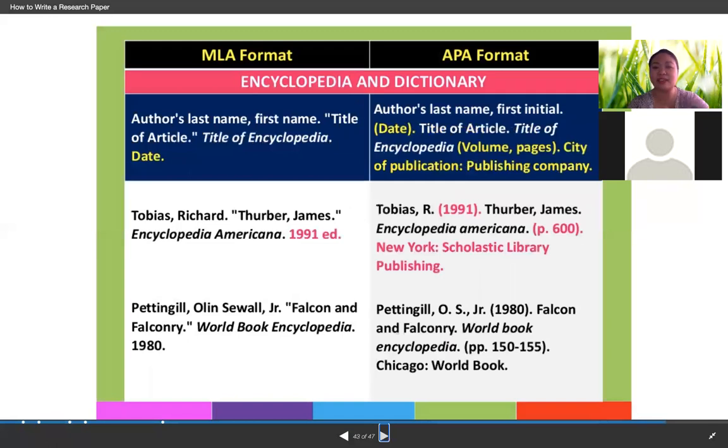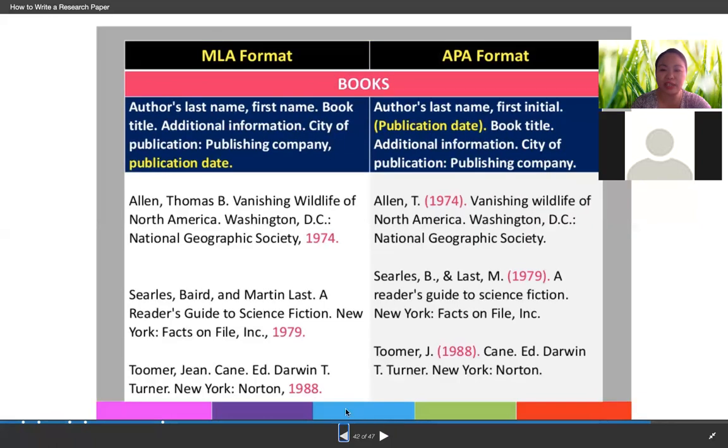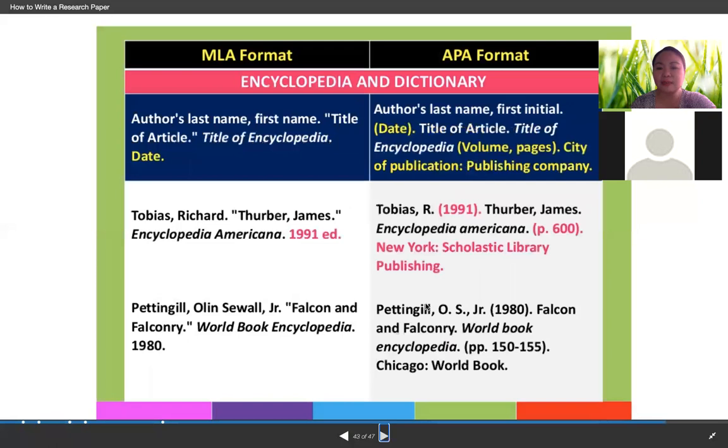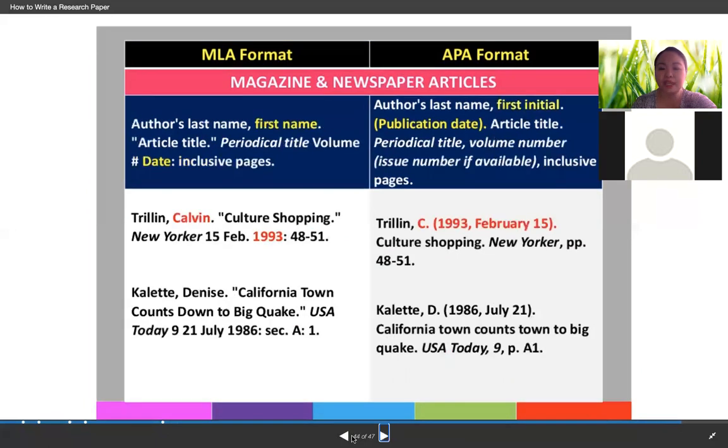In terms of encyclopedia, iba-iba din ang pagka-component. Ito book kasi ito, so kailangan meron siyang publisher, no? Or date, place of publication, Washington, D.C. But for encyclopedia, it's just simply the publisher. No? And then year, and then page.